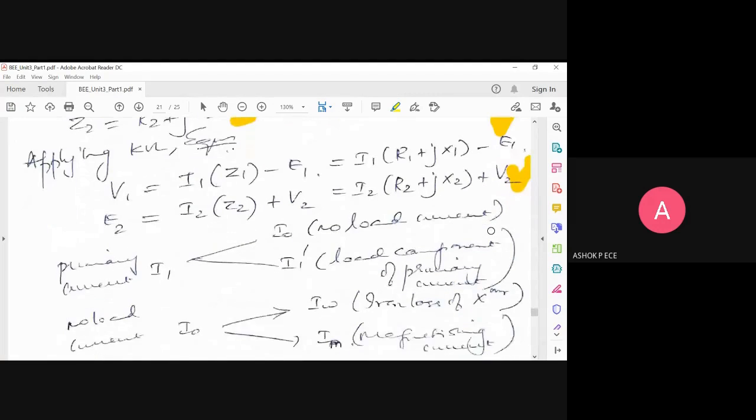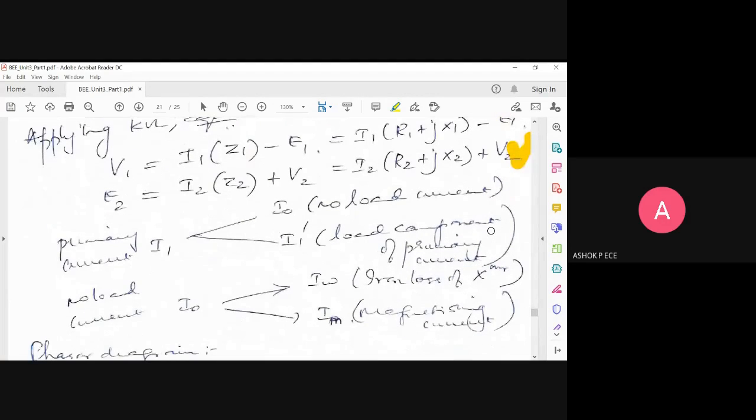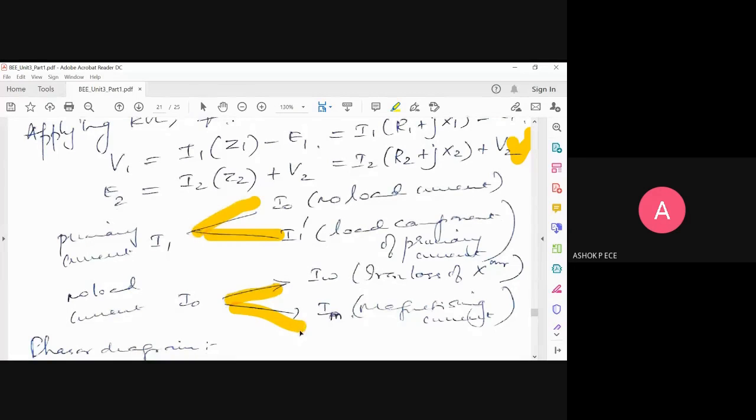And always remember, the primary current I1 has two components: the no load current, and I1 dash, the load current, the actual current because of your load. And the no load current has two components: IW, the iron loss component, and IM, the magnetizing current, which we have seen. So these are the subdivisions of the two currents we have in the primary of the transformer.